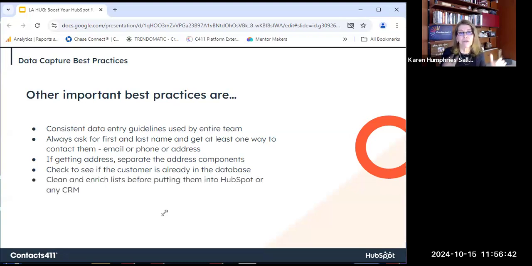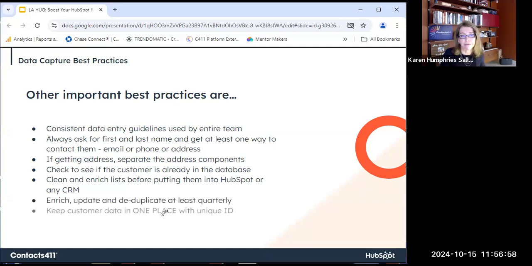Also, a best practice is before you put new data into a database, clean it, enrich it, make sure it's validated before. Garbage in, garbage out. It's much easier to put in clean data first and then keep your information updated at least quarterly. Lastly, please keep your information in one place.